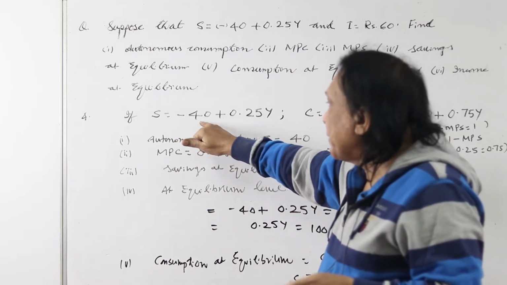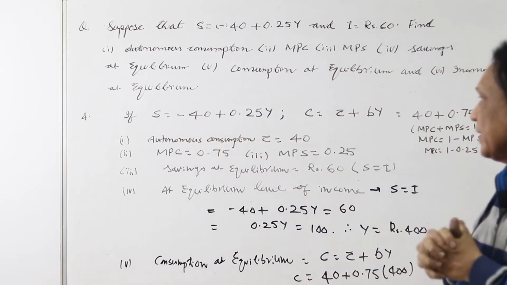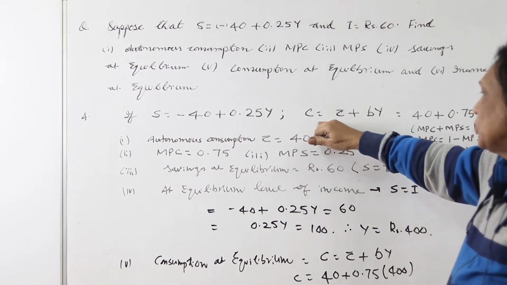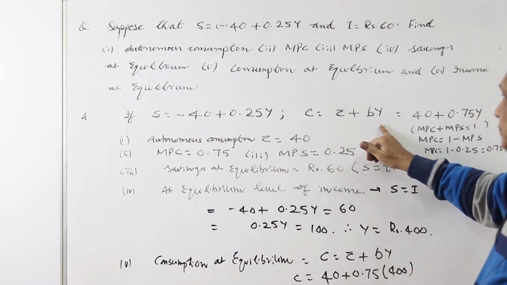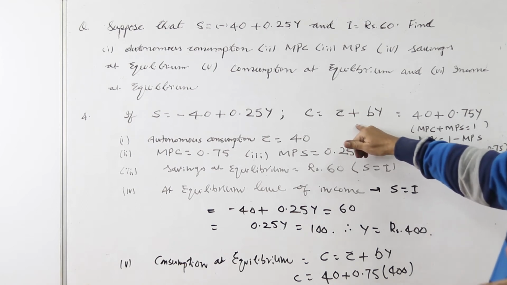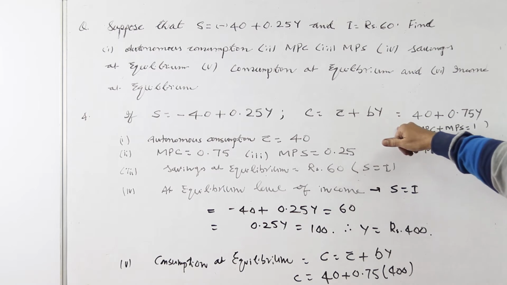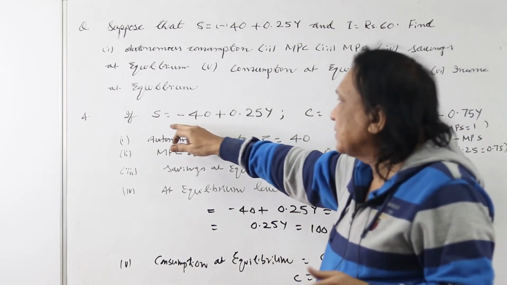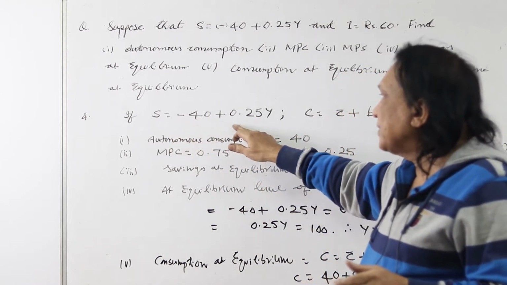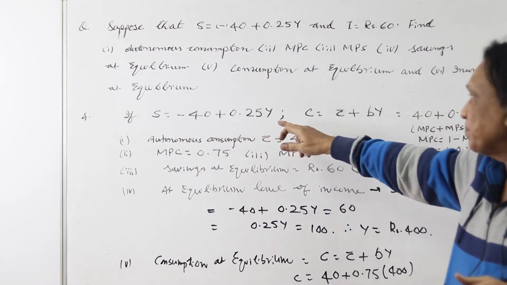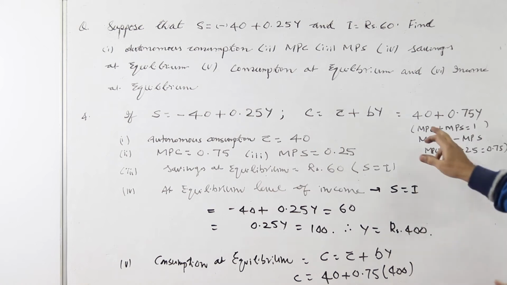If S is equal to minus 40 plus 0.25y, we can change it into C is equal to C bar plus BY. In this equation, S is equal to minus C bar plus MPS times Y. So this is MPS.